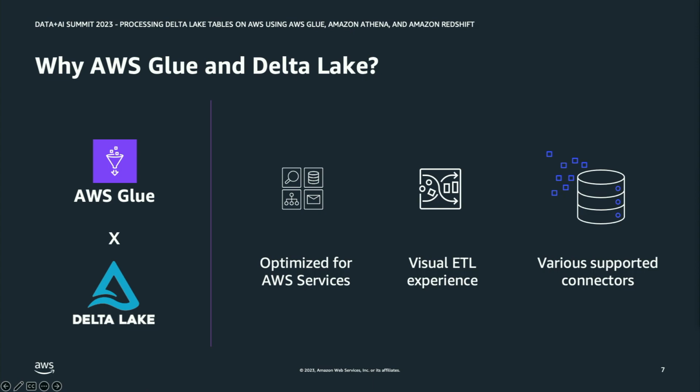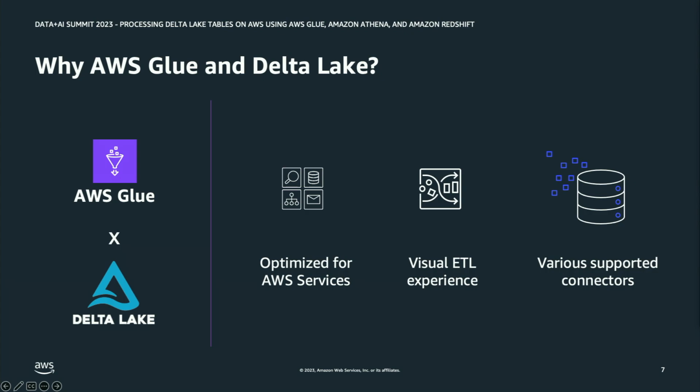Then, why is AWS Glue good for data lake? In other words, what are the typical use cases to use AWS Glue with Delta Lake together? There are 3 major reasons. First, AWS Glue is designed to be optimized for AWS services. It provides powerful serverless data integration capability for all enterprises using the AWS ecosystem.